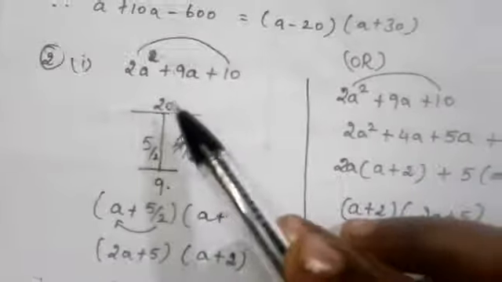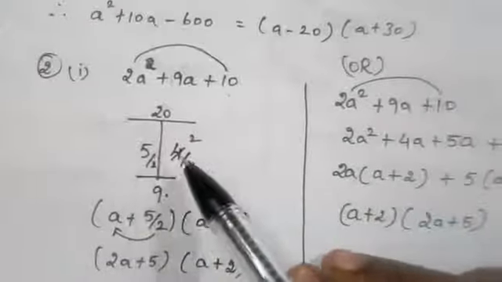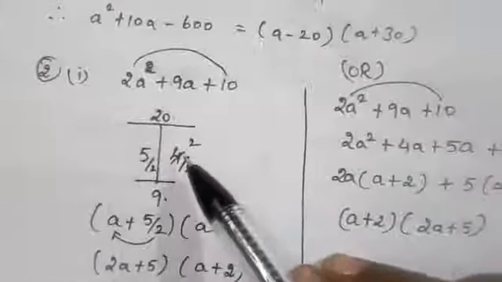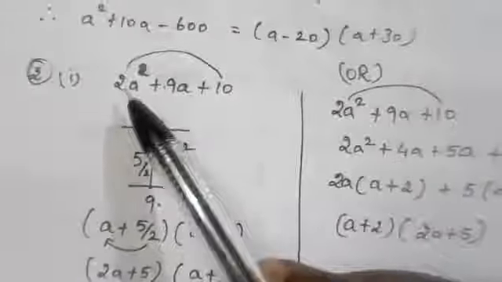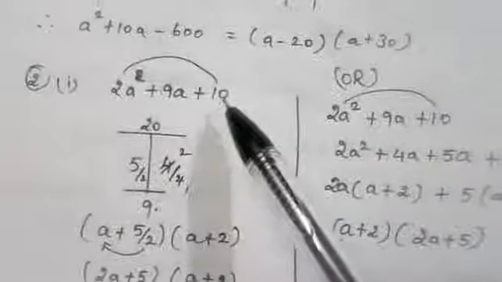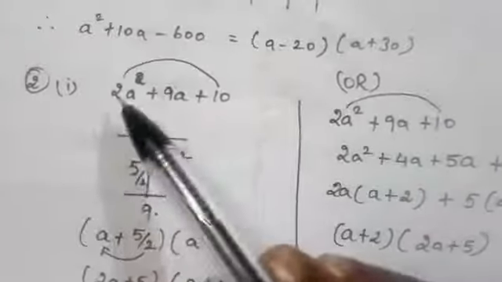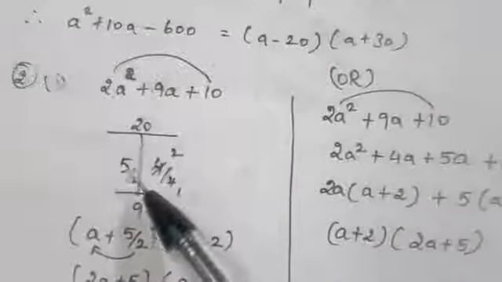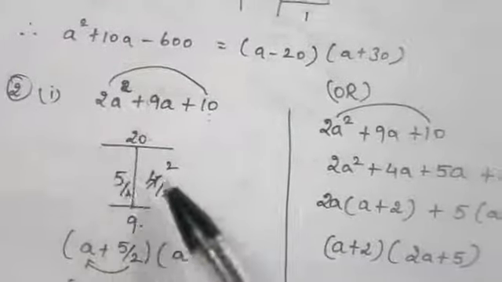The factors of 20: 5 fours are 20, 5 plus 4 is 9. After finding the factors, since we multiplied with 2, finally we have to divide by the same 2. So that is 5 by 2, 4 by 2.